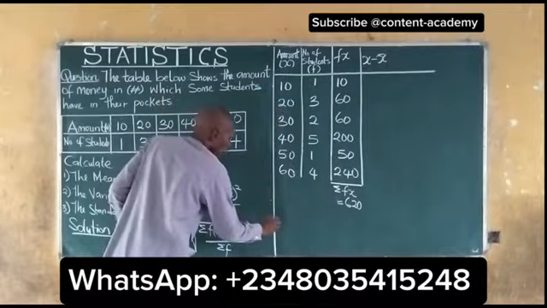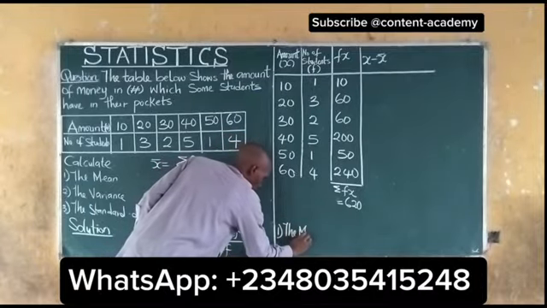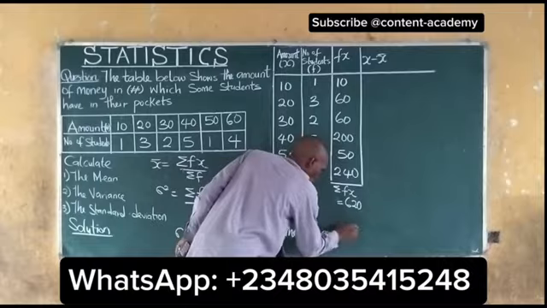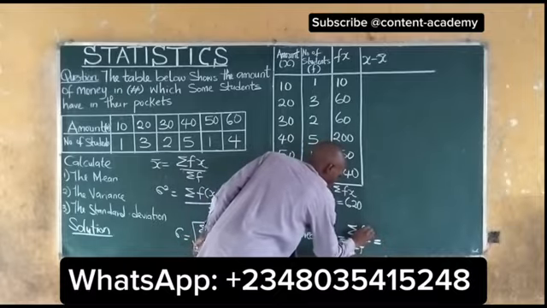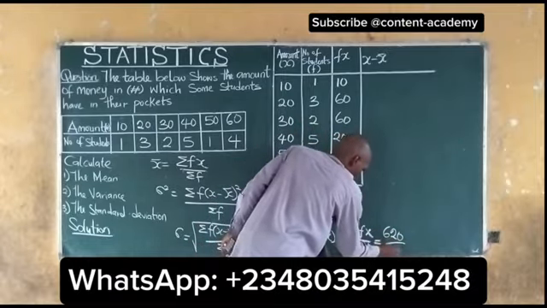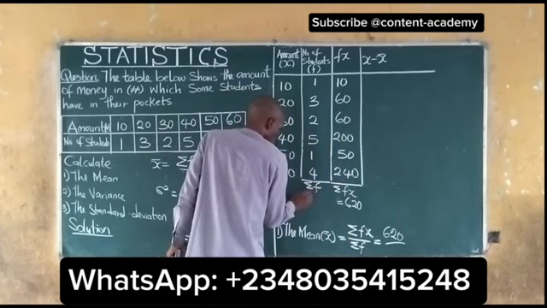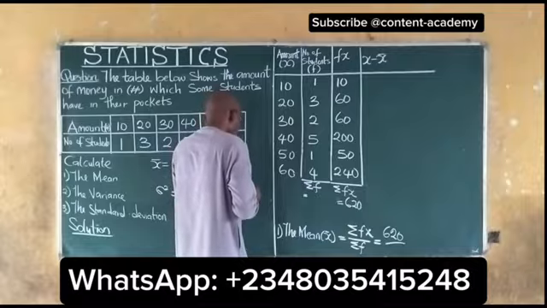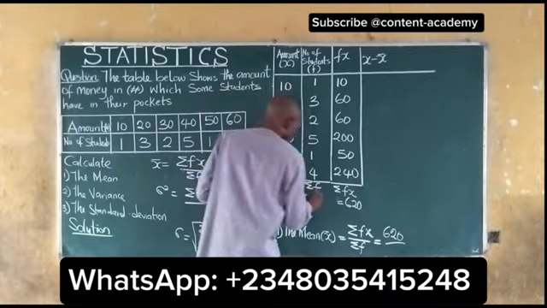Now we have x minus x bar. First, we have to calculate the mean. The mean, which is x bar, is equal to summation of f of x all over summation of f. So summation of f of x is equal to 620. And what do we have as summation of f? We have to add the whole of this: 1 plus 3 plus 2 plus 5 plus 1 plus 4. We have 16.